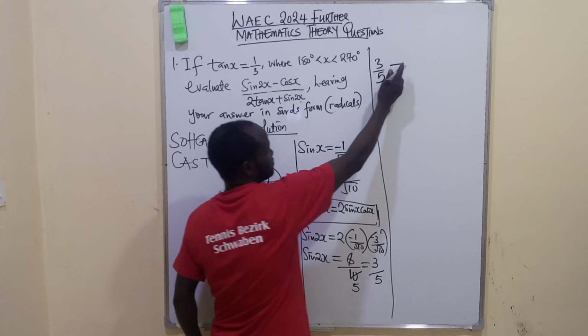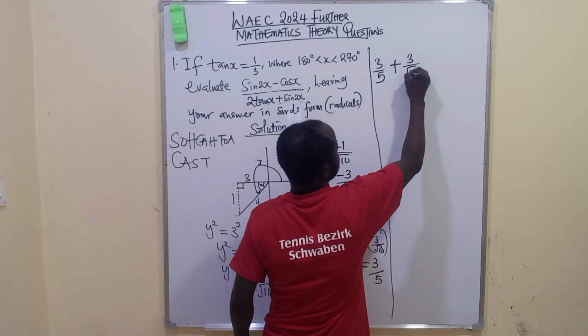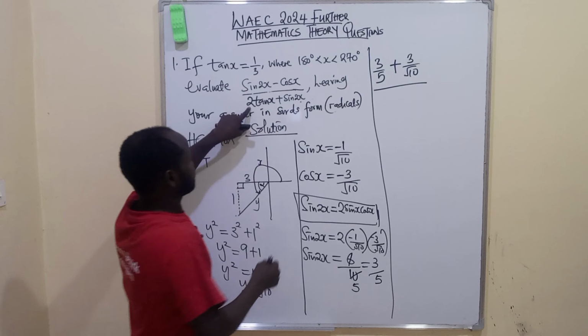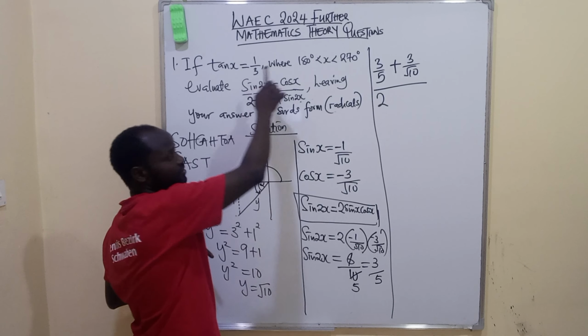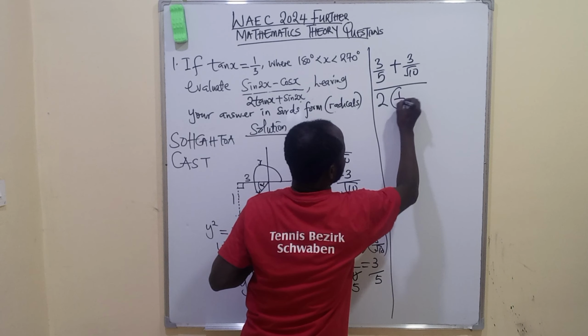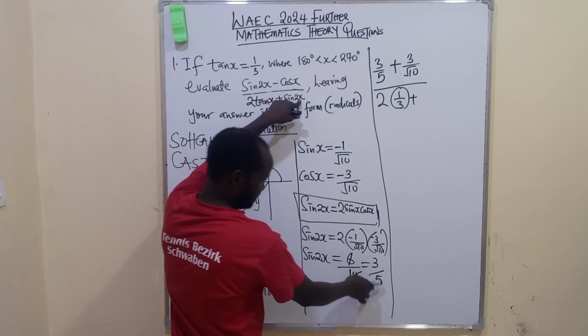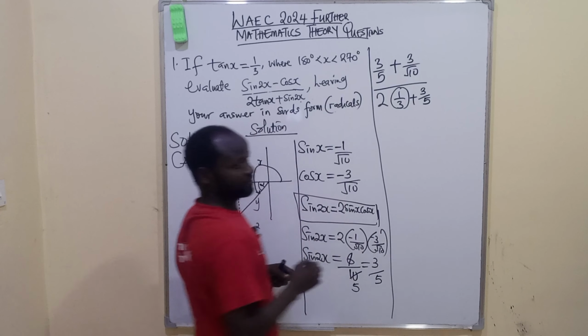Minus times minus is plus, so I can write plus here. That will be 3 divided by root 10, all divided by 2 tan x. I will have 2, and tan x from the question is 1 over 3. So I can write this as 1 over 3 plus sine 2x, which is 3 divided by 5.